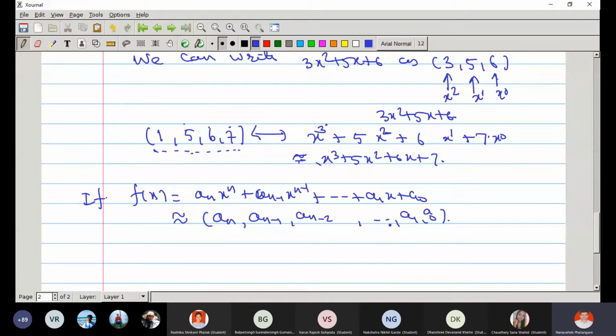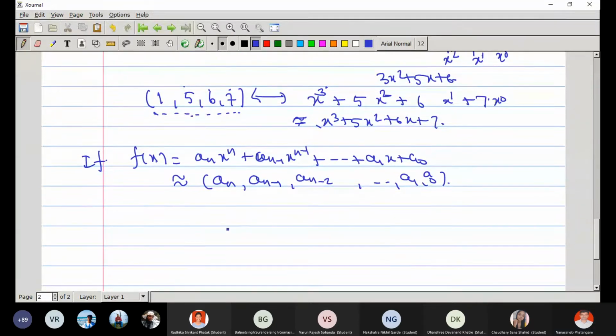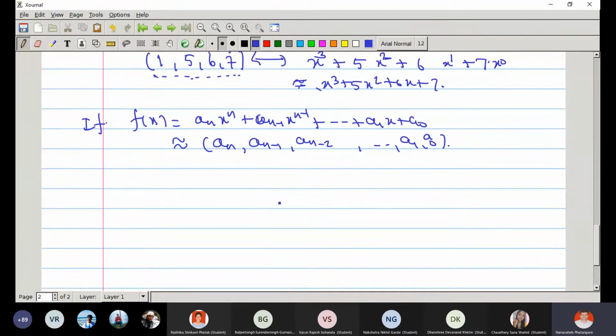Very good. And why I'm telling this is because this will help us with how to add two polynomials, how to multiply, how to subtract, how to multiply by constants. Because you already know that if you have two vectors (1, 2, 3) and (5, 6, 7), how do you add them?